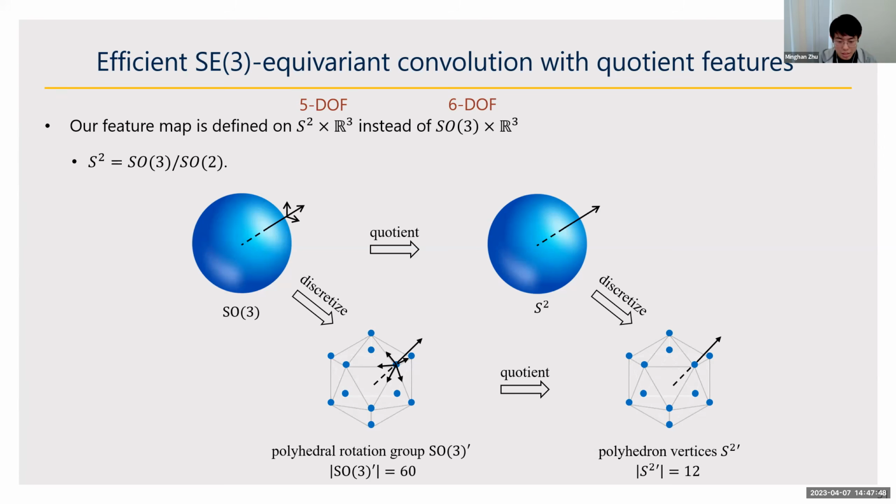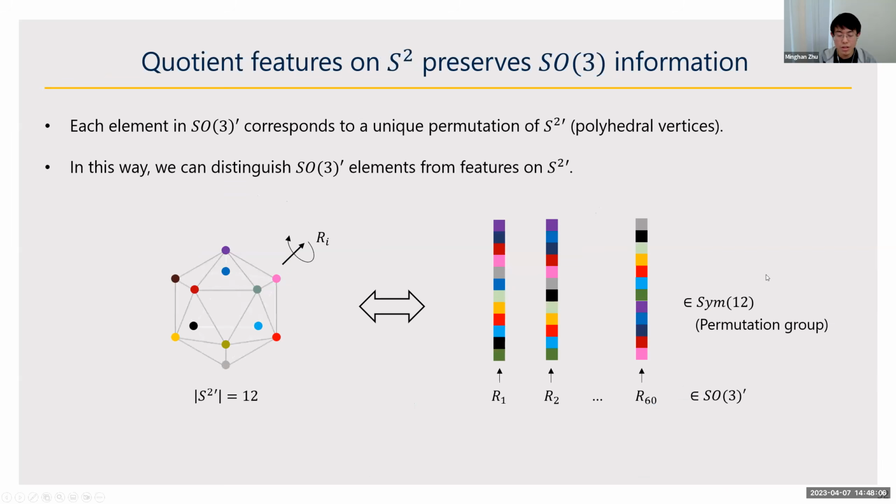And with this quotient representation, we are just rotating the filter or the point cloud 12 times. Oh, I see. And from the 12 times rotation, although we are only rotating the filter 12 times, the output feature can be used to distinguish 60 rotations. That's the idea. I see.